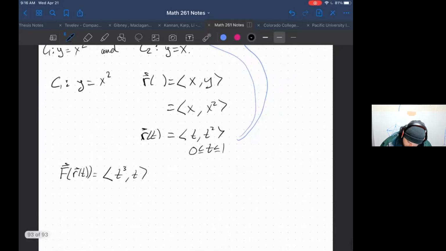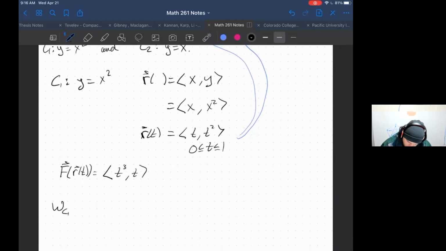So the work done in terms of C1 is going to be an integral from 0 to 1. We have the dot product of this vector field, t cubed comma t, dotted together with v of t. I forgot to write out v of t. It's not too bad.